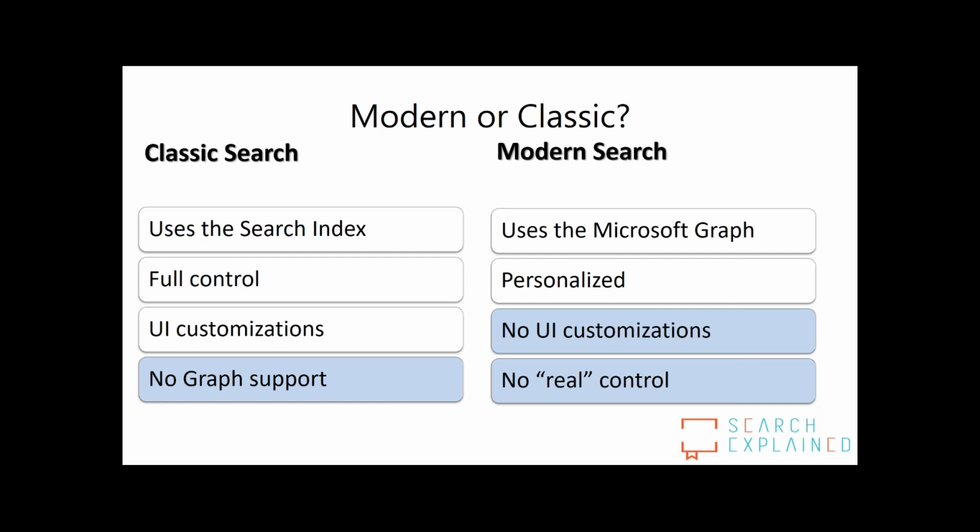There is no support of Microsoft Graph. While the modern personalized search uses the Microsoft Graph and it provides personalized results, however, you cannot customize the user interface and you don't really have real control over it. So it's a kind of trade-off.